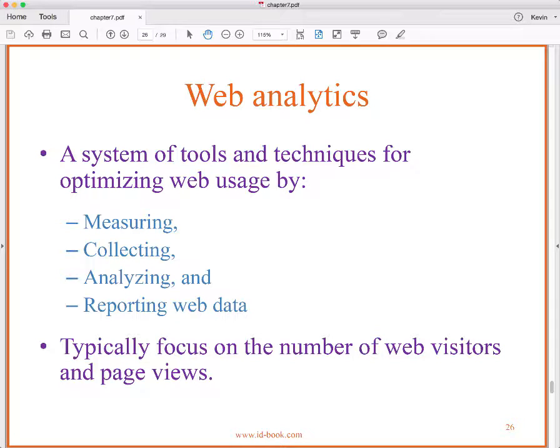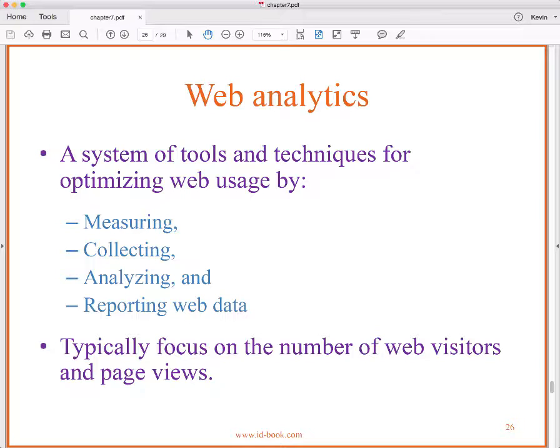Web analytics, well, I kind of talked ahead on that. Certainly the gross ones all have to do with the number of people and page views and all that, but there are retailers like Amazon who are really drilling down to, people who looked at this also looked at that.